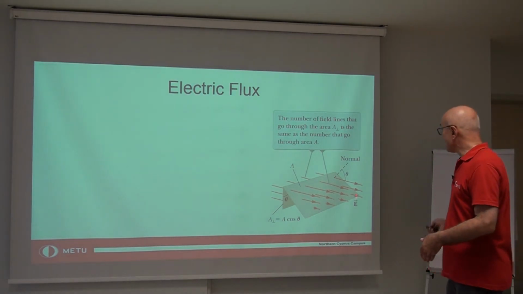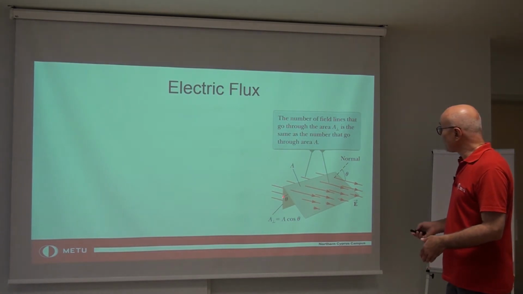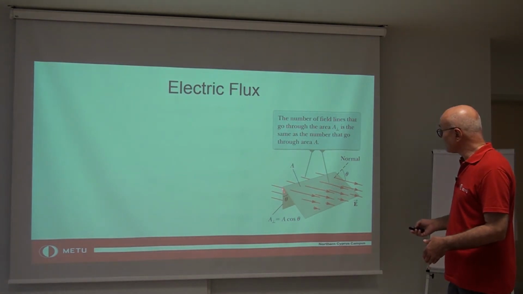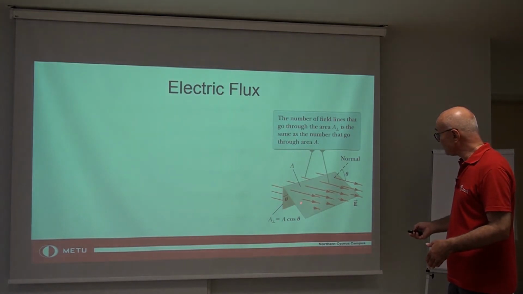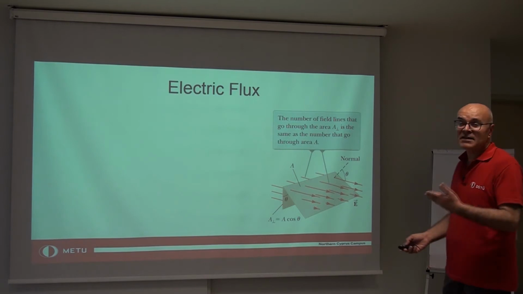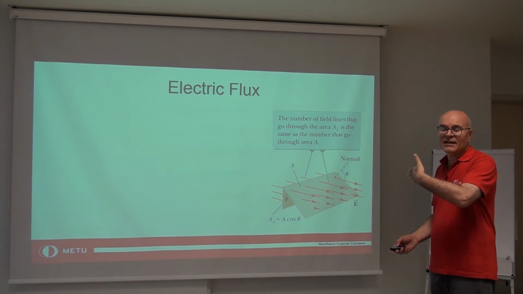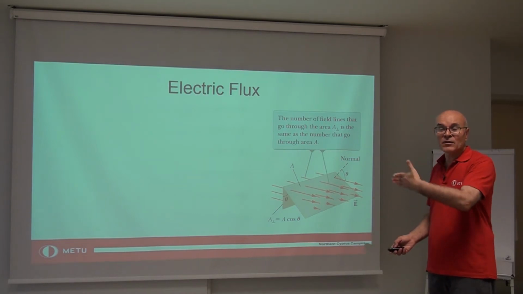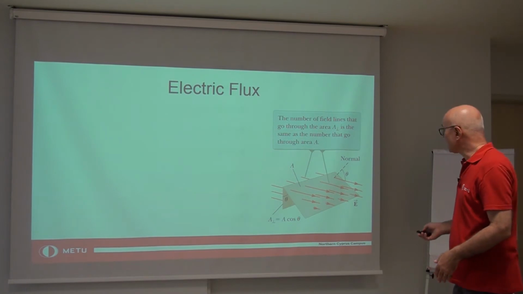So this is the area that you want to find the flux through. You project it into a plane that is perpendicular to the field. This is the plane perpendicular to the field, as you can see, and this is the area. Part of it is shown. This is the area that is projected onto the plane that is perpendicular to the field lines.